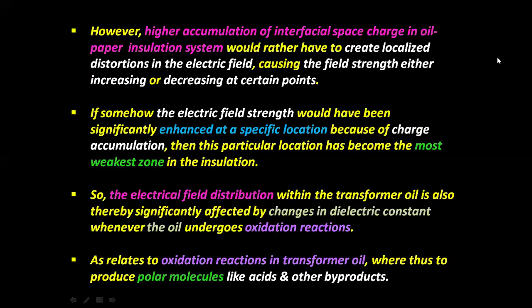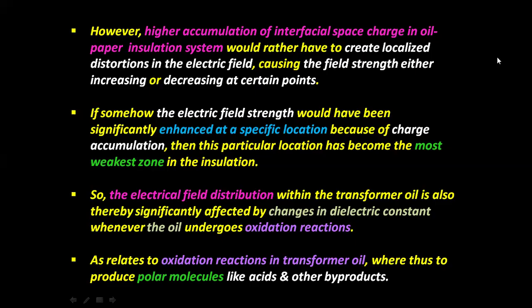If the electric field strength is significantly enhanced at a specific location because of charge accumulation, then this particular location becomes the weakest zone in the insulation, which is most important.